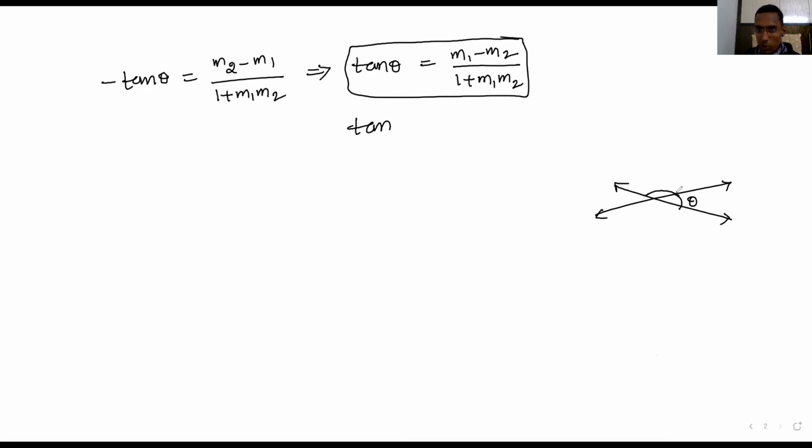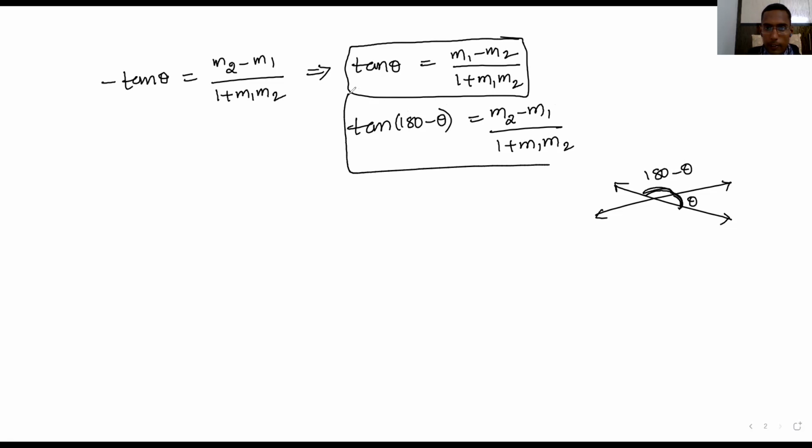First we considered 180 minus theta only, and that is directly M2 minus M1 by 1 plus M1 M2. So this is also an angle; both are.